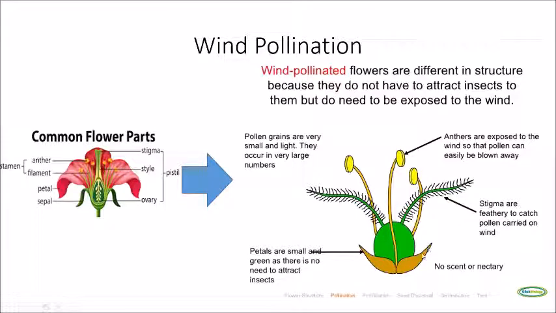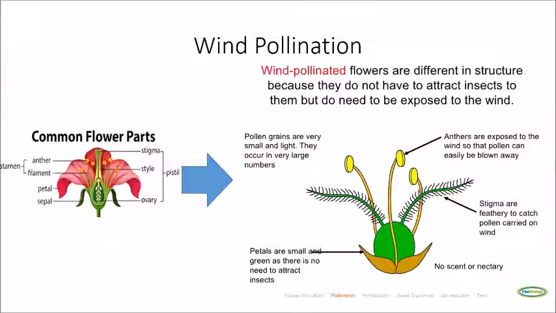What inconspicuous means is that it's not noticeable. When you look at a typical flower, the petals might have a vibrant color. However, wind pollinating plants don't have any elaborate color. Sometimes the petals are just green. They just look like leaves.